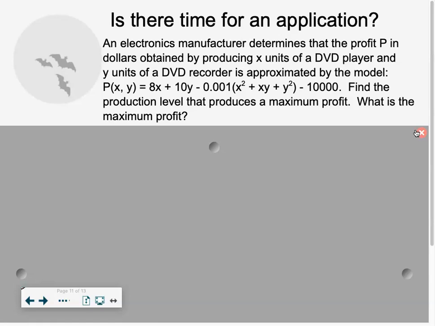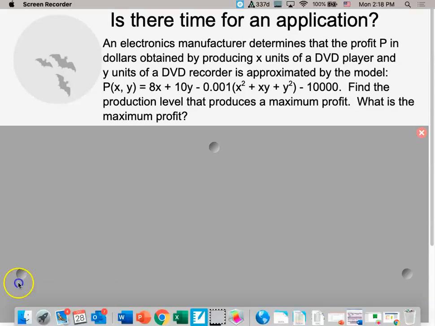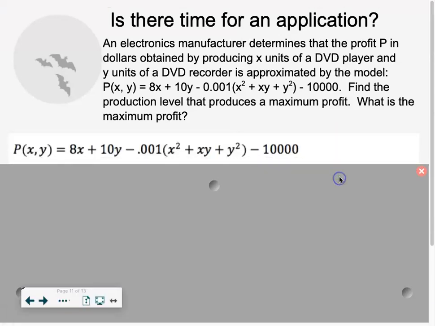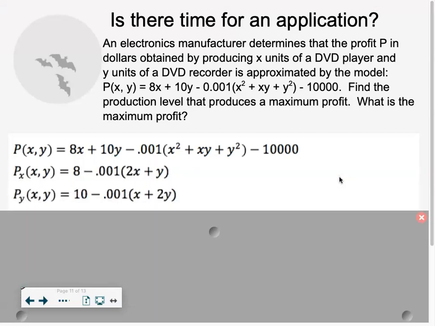So we find that's our partial x, there's our partial y.